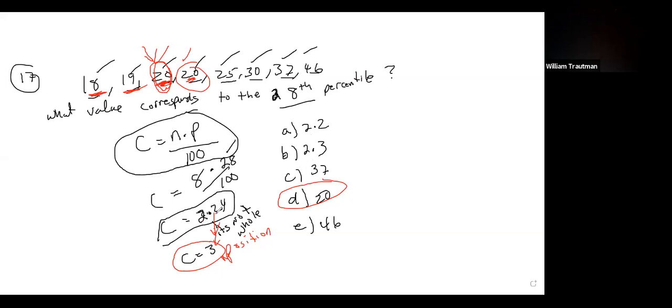Round up to the next whole number. Any part of a decimal goes to the next whole number. This is called rounding up. And then when they're in order from lowest to highest, you go to the left to the third number. That's the answer. 20 is the answer.